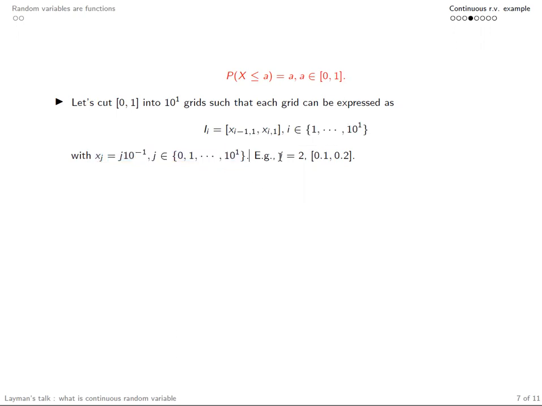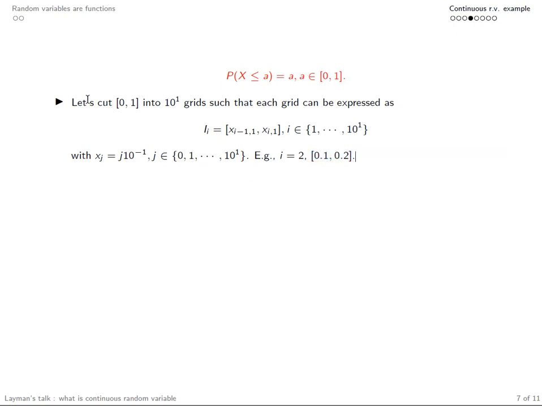For example, if we choose i equal to 2 here, then we have this interval to denote the second grid, which is from 0.1 to 0.2. Right?